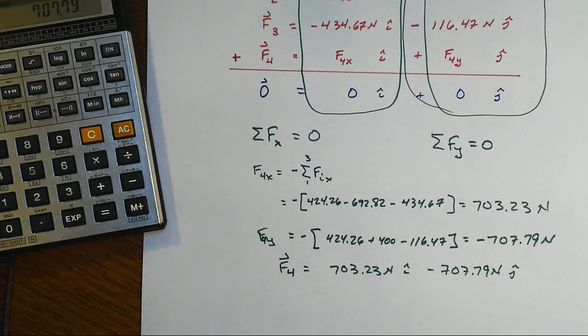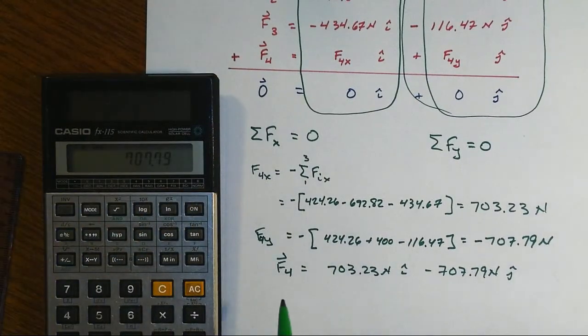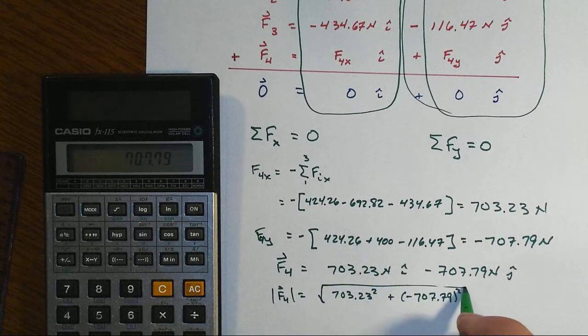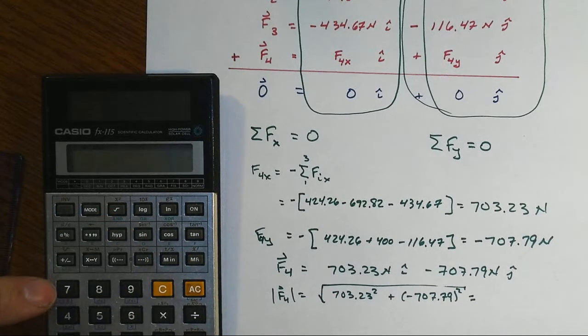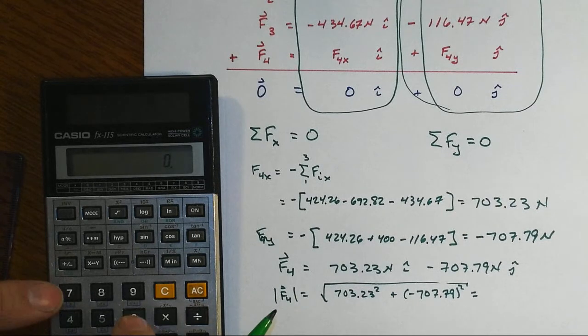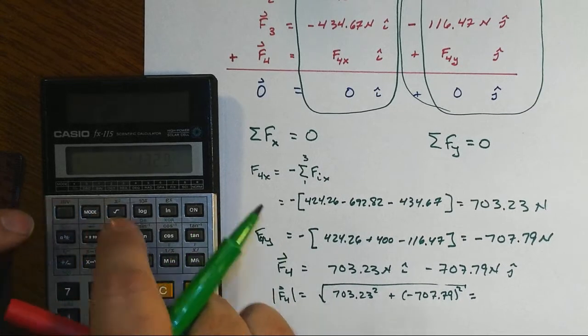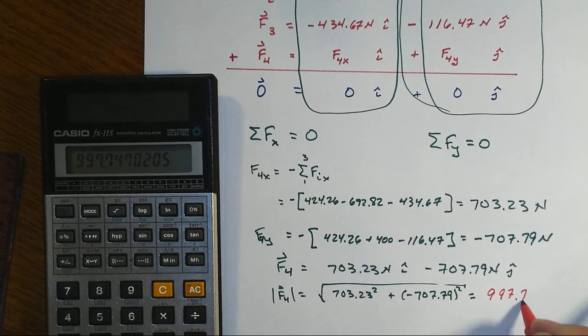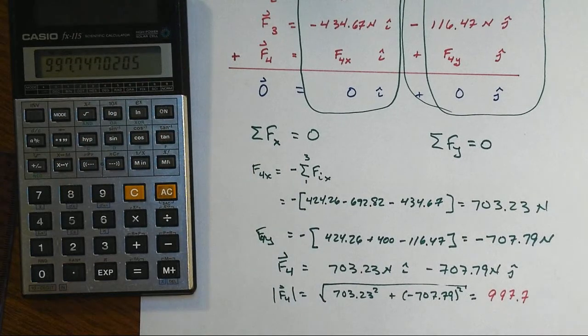I don't really like working with that very much, so let's go find out what that magnitude is. Square root of the sum of the squares, hypotenuse of a right triangle that has been formed by these two orthogonal components, and that magnitude will be about 997.7, which we will get to the right significant digits here in just a second.